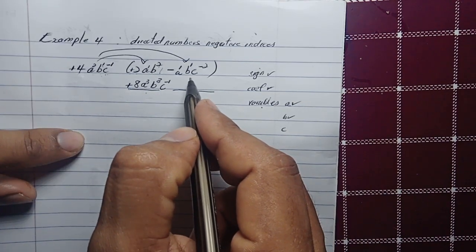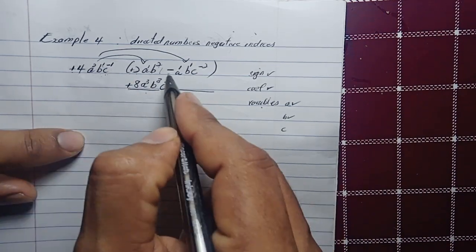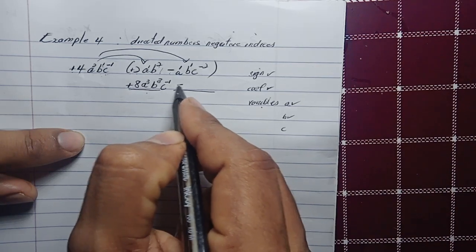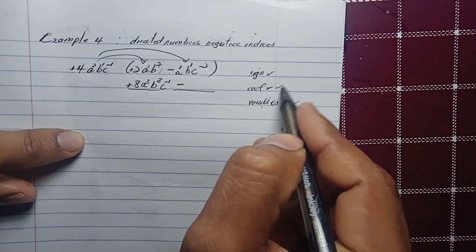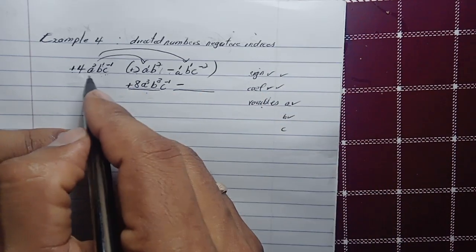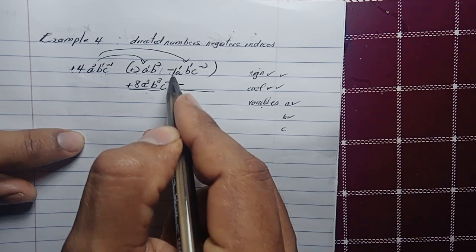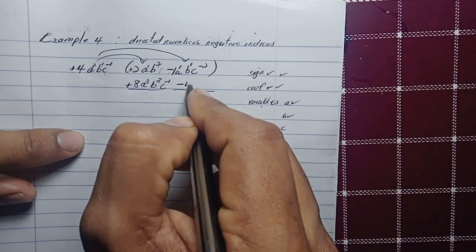Now the second term in the bracket multiplied by the term outside. Positive times a negative, different signs, you'll get a negative. Next, the coefficient. 4 times 1. There's a 1 here. 4 times 1 is going to give you 4.